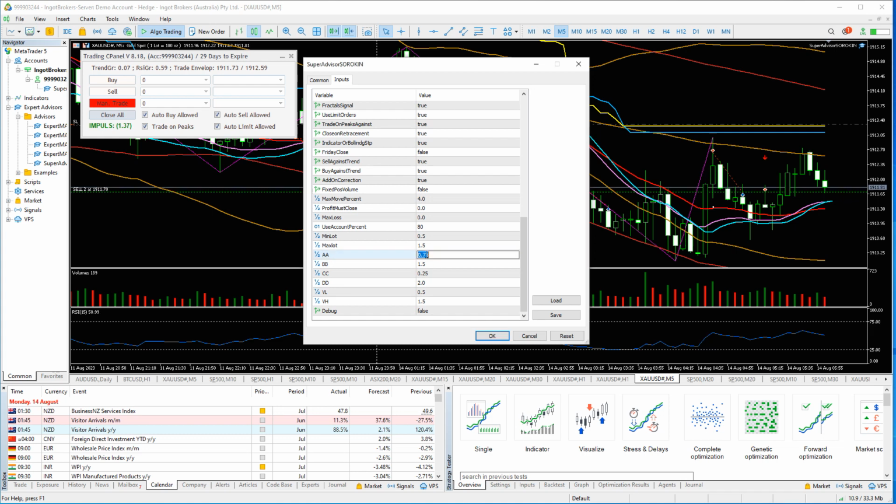So you can put here, for example, if it's a one, the first time you got the money, the second position will be like half the size of the previous one. And this is very important. It depends on the statistical data, because you can't really get lucky all the time.